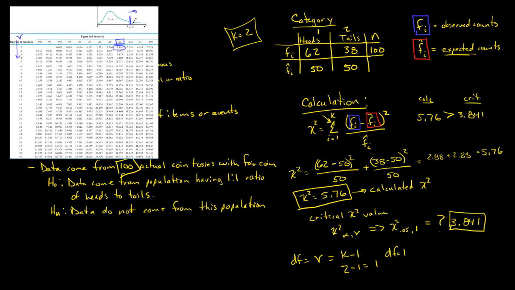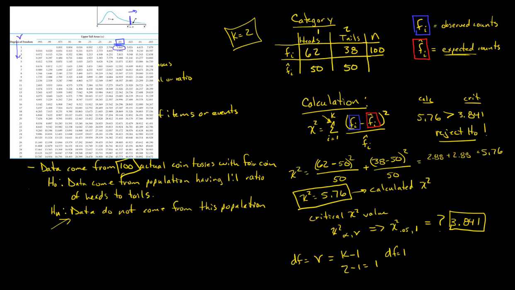And so we're going to challenge the null and reject it. And we're going to say that the data did not come from this population. Okay, so that's basically the nuts and bolts of the chi-square goodness of fit.